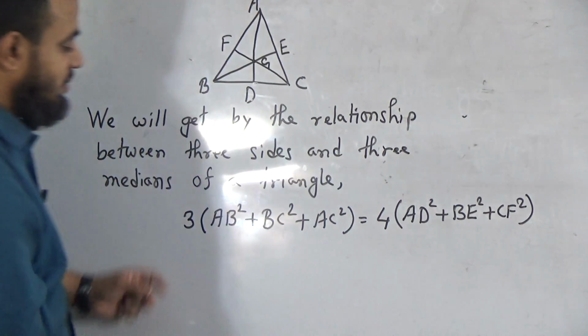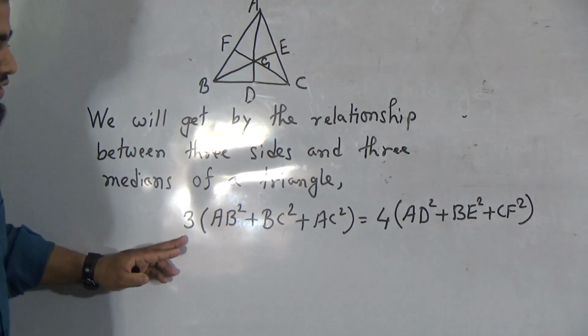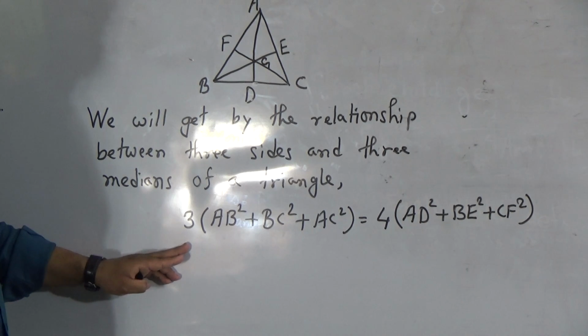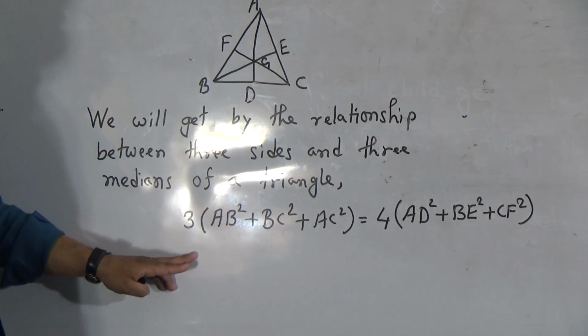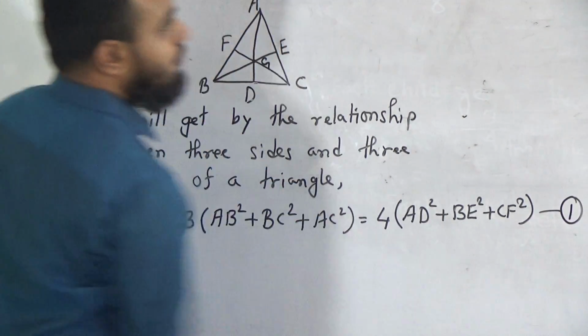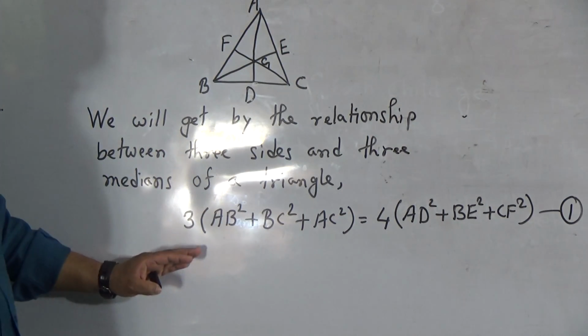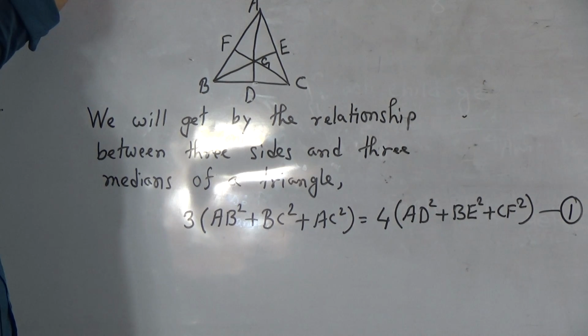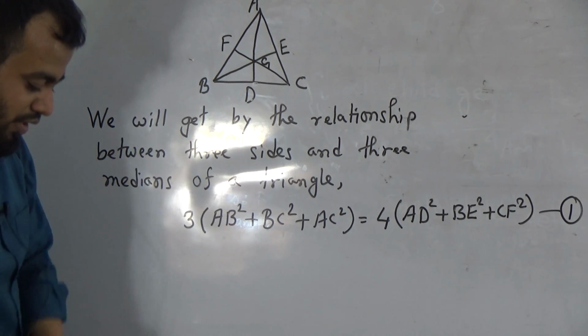This is the relationship between the three sides of a triangle and its three medians. This is equation number 1. From this equation we can solve the proof we require here. How can we prove it?